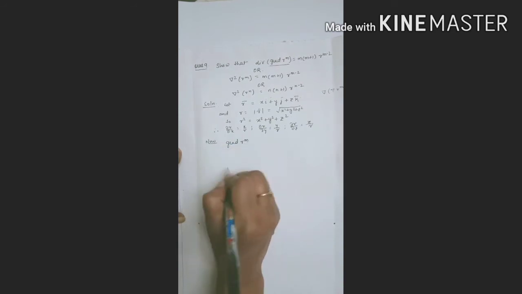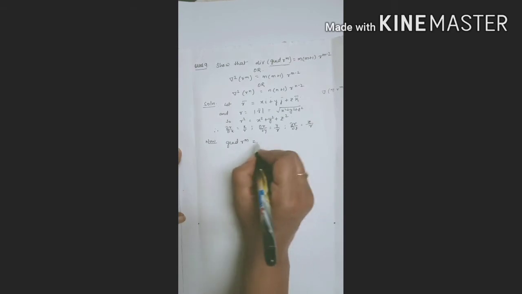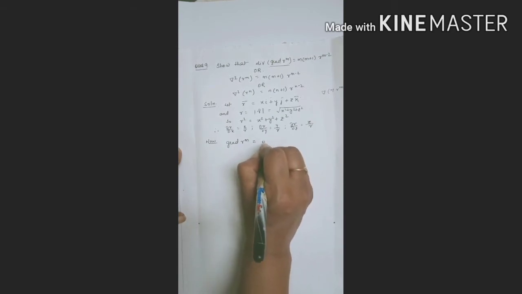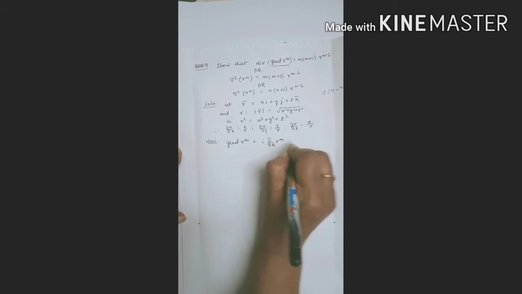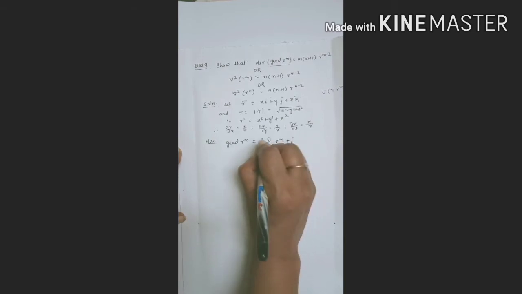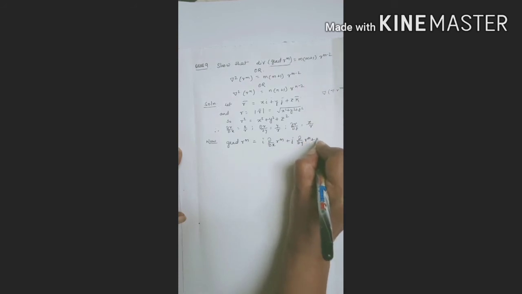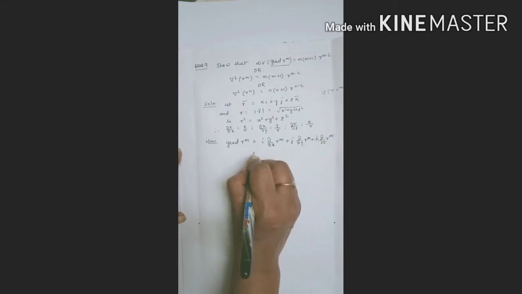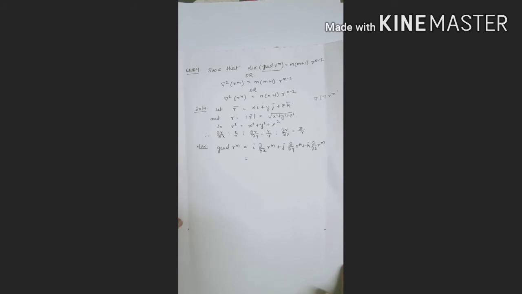gradient of r to the power m, which is equal to i del by del x of r to the power m plus j del by del y of r to the power m plus k del by del z of r to the power m, right? Grad phi equal to i del phi by del x plus j del phi by del y plus k del phi by del z.